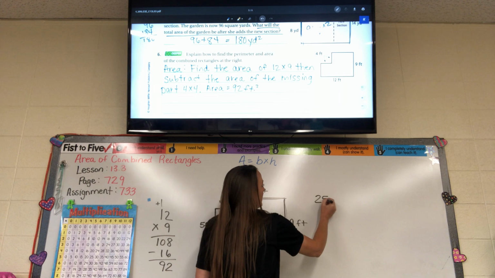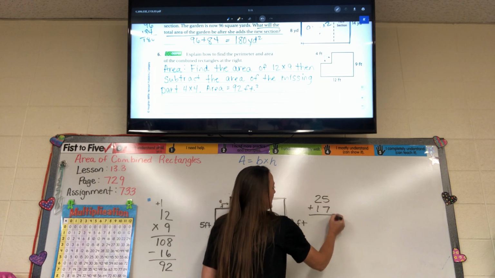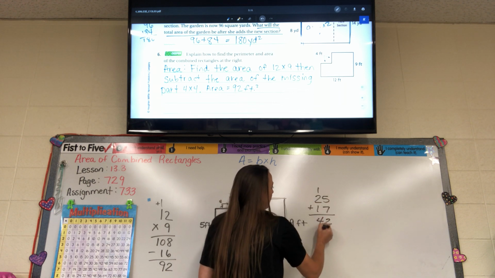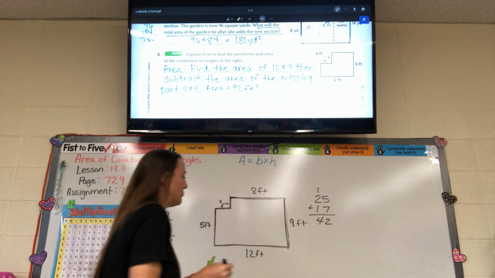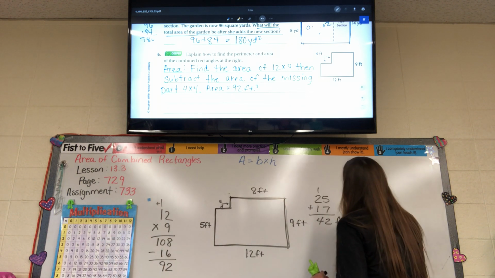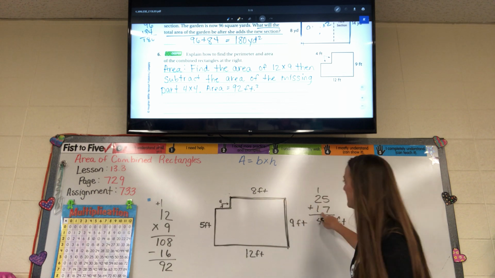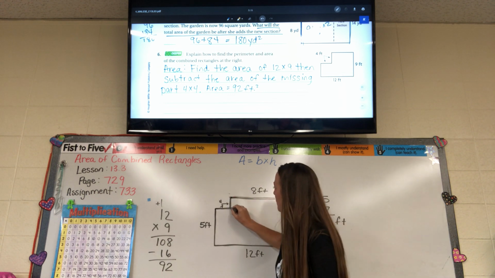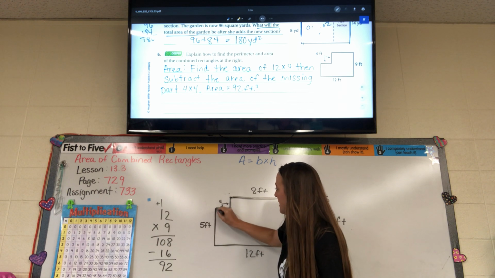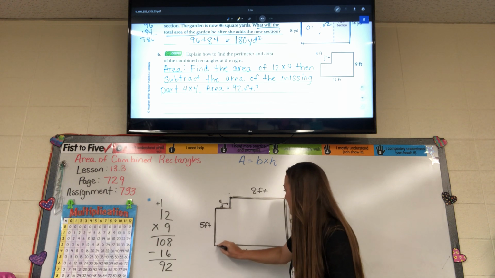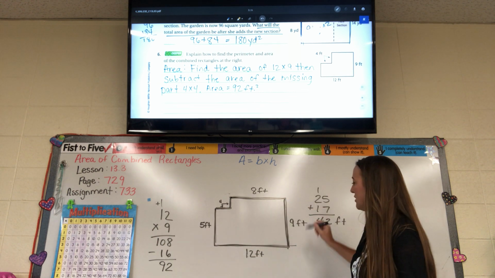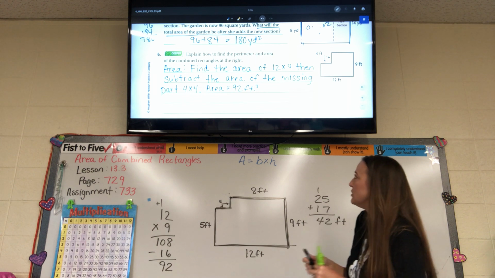So 25 plus 17 would be 42 feet would be the perimeter. So if you were walking around this, you would first walk 9 feet, then 8 feet. That's a 17. Then you would walk 8 more feet, and then 5 feet, and then 12 feet, and that would get you up to 42 total feet.